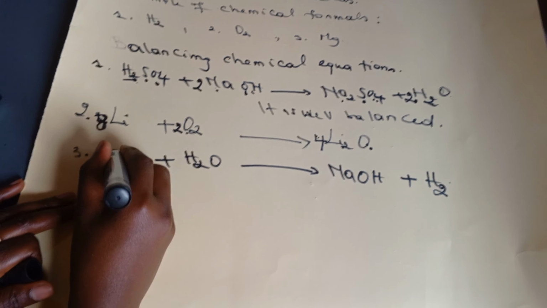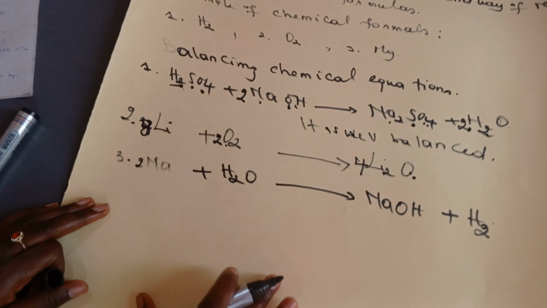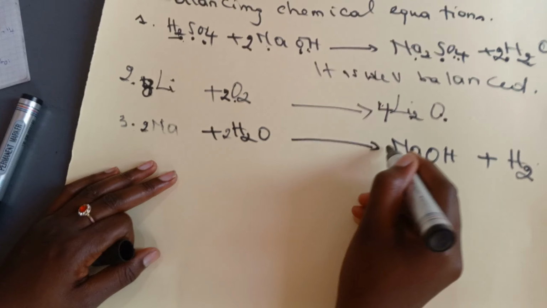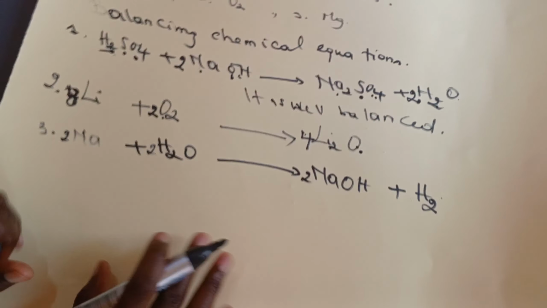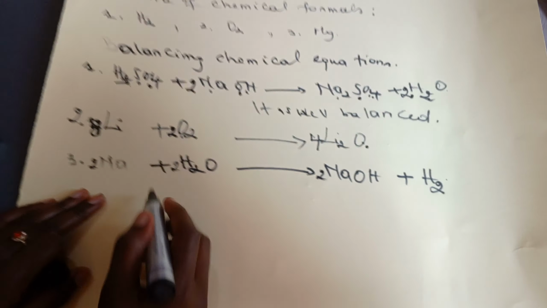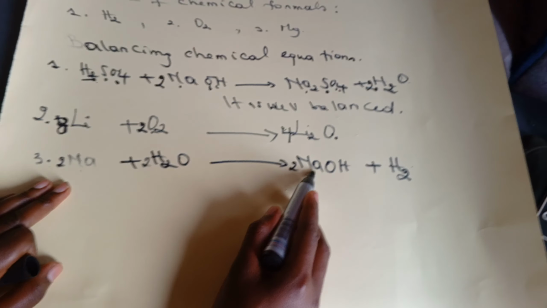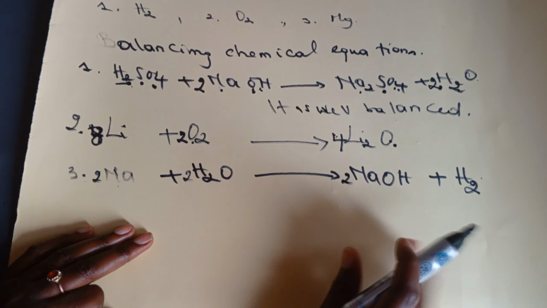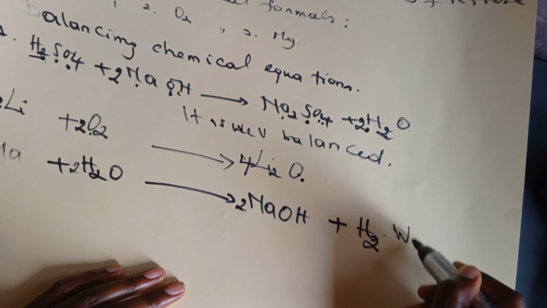To balance this equation, we put 2 here, another 2 here, another 2 here, and check if our chemical equation is well balanced. There are 2 sodium, 2 sodium, 4 hydrogen, 2 hydrogen plus 2 equals 4, 2 oxygen, 2 oxygen. Well balanced.